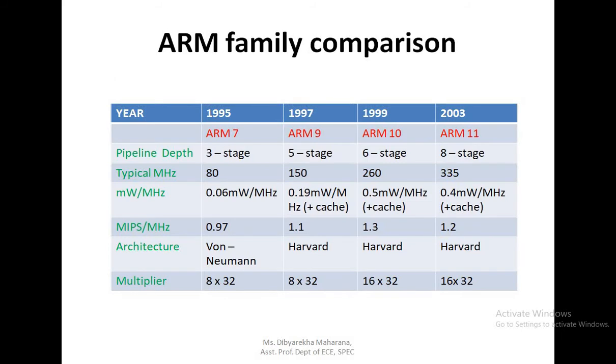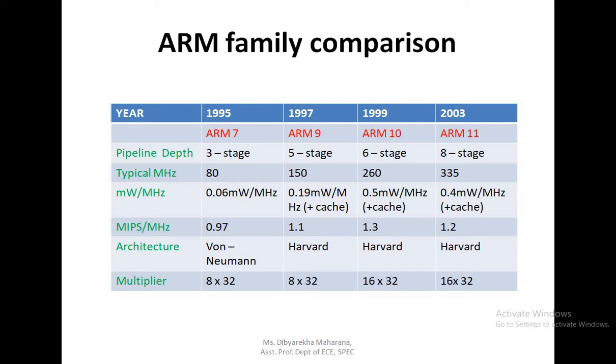Here you can see the ARM family comparison based on pipeline depth, the typical frequency in megahertz, the power used in milliwatt per megahertz, the million instructions per second per megahertz, the architecture used and the multiplier used, for ARM7, ARM9, ARM10 and ARM11 processors.